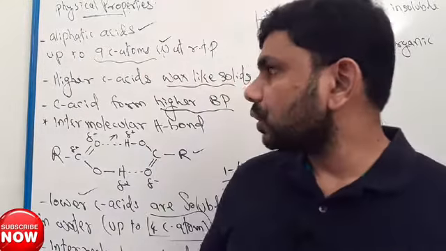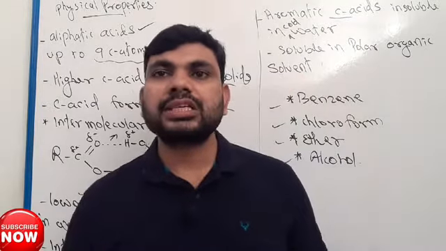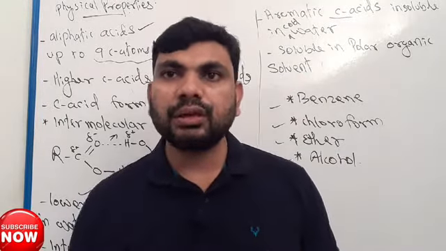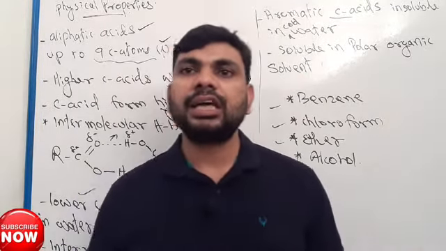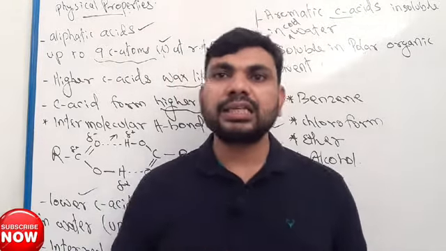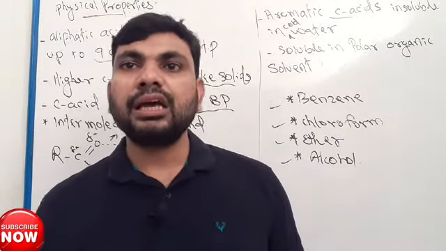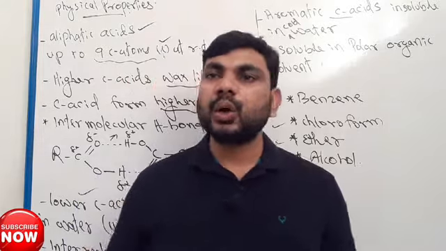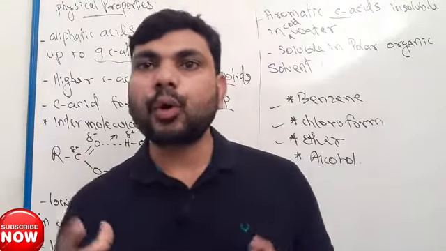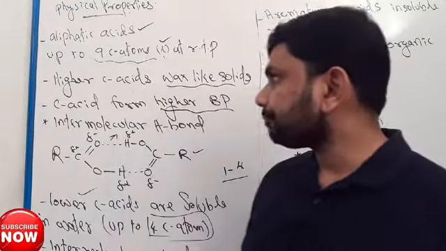Clear? So these are the things we had to discuss in this video. In this video we discussed carboxylic acid, naming of carboxylic acid, structure of carboxylic acid, preparation of carboxylic acid. Also we discussed physical properties of carboxylic acid.